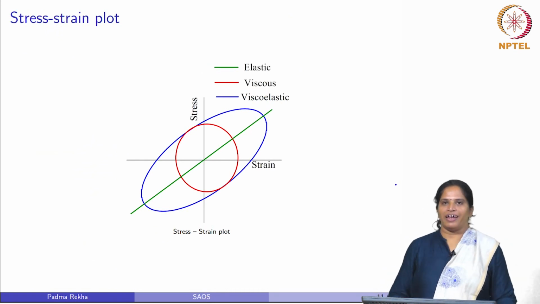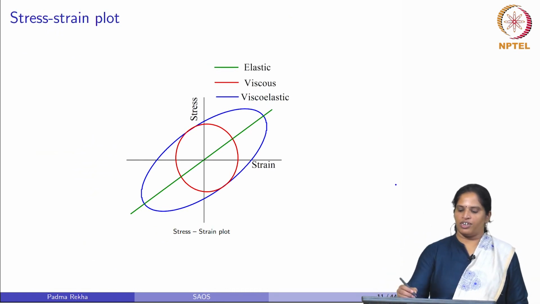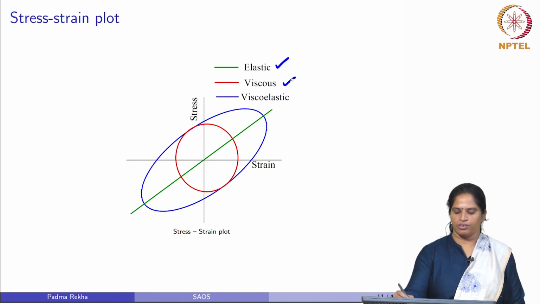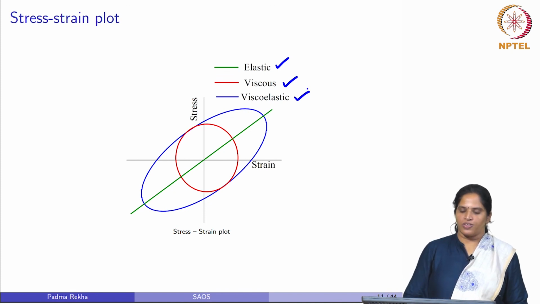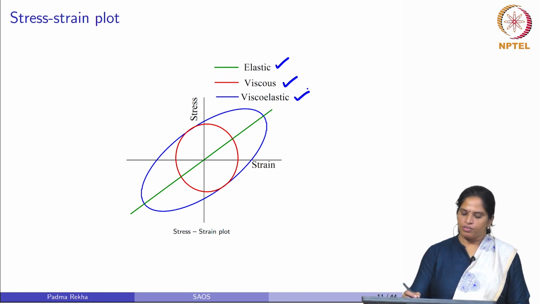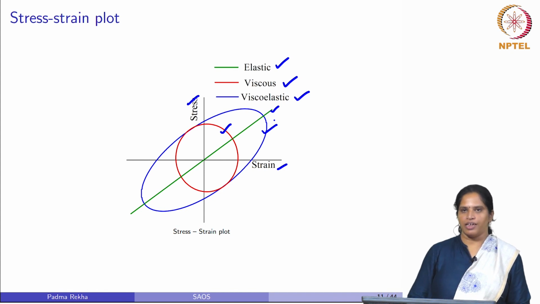So, this will be an ideal stress strain plot for the different materials, elastic, viscous and viscoelastic, for a sinusoidal shearing. The stress strain plot for an elastic material is a straight line, for a viscous material it is a perfect circle as the phase angle is 90 degree, and for a viscoelastic material it is elliptical.